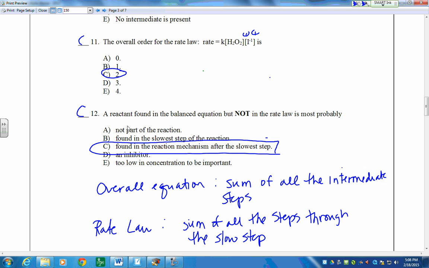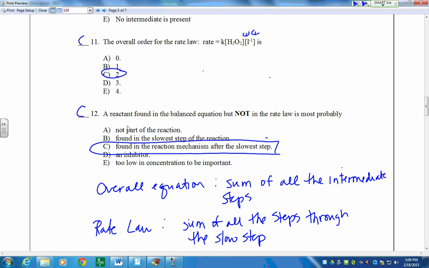Because the slow step, the slowest step in a reaction is the one that determines the rate. And so if you have a reactant that isn't in the rate law, it's because to get the rate law, you add up the steps all the way down through the slowest step. When you get to the slowest step, you stop.